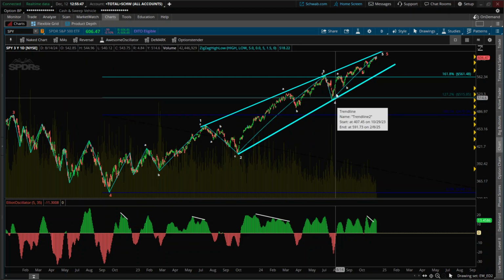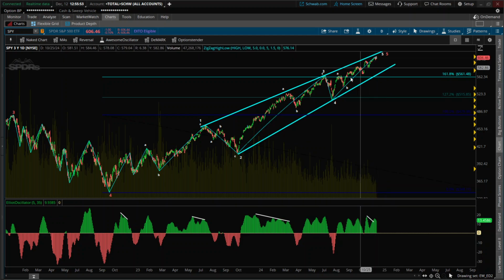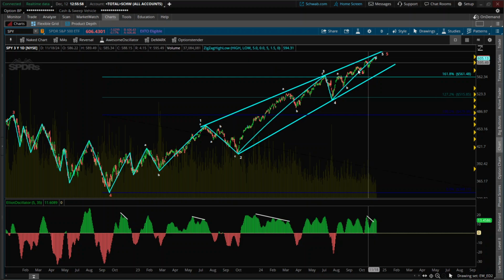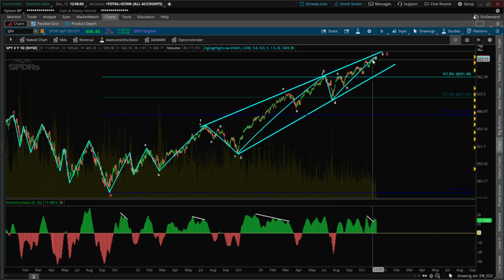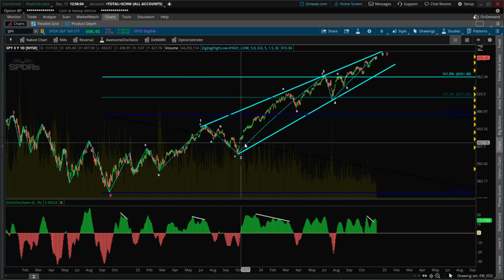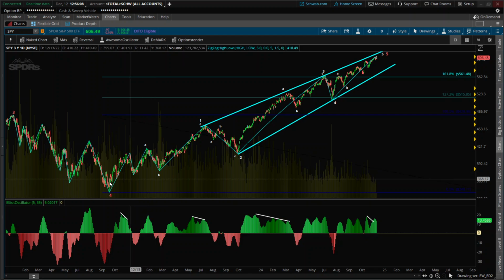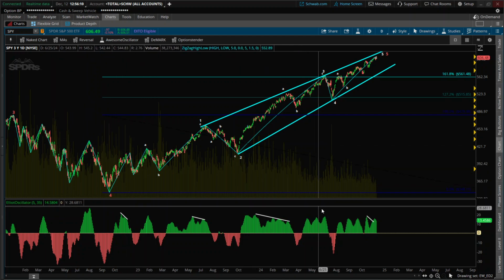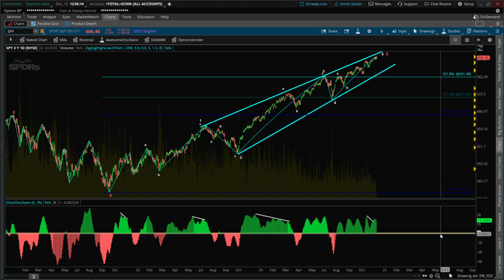So you could count this as an A, B, 1, 2, 3, 4, 5. Something like that. Where it just happens to be losing momentum and getting really tight in price action, forming a bearish rising wedge there. But this would be our ending diagonal of a larger degree move coming from 2021 to 2022. All right, and that's how we're counting this.